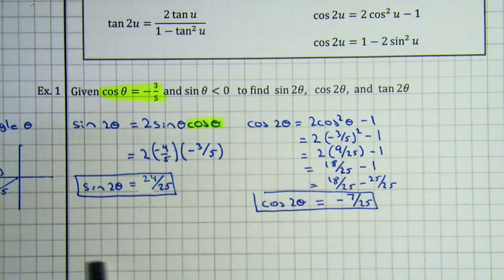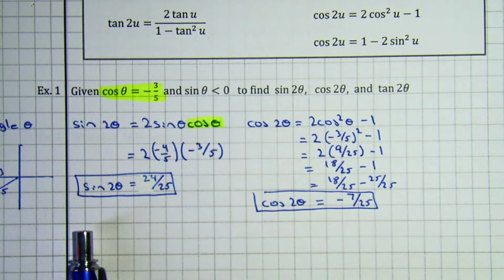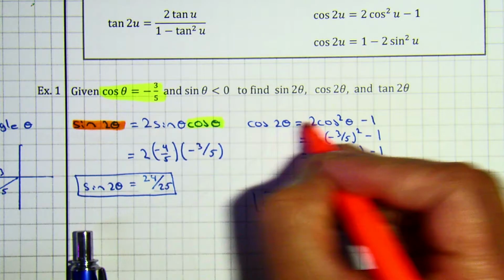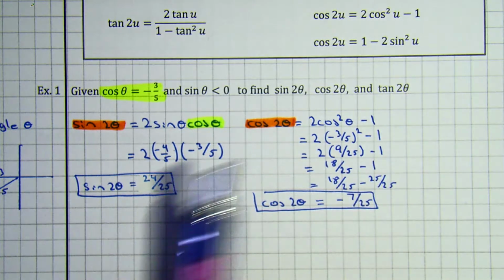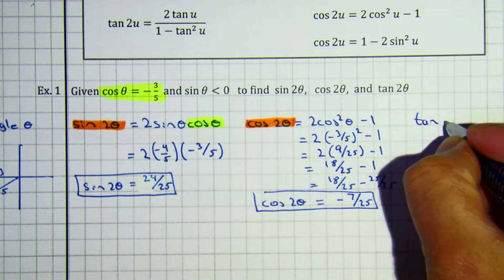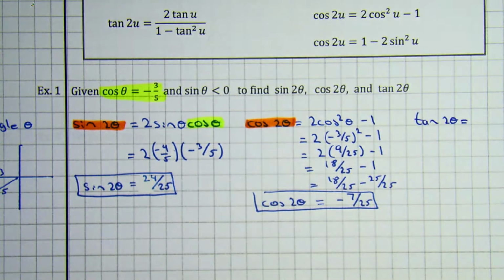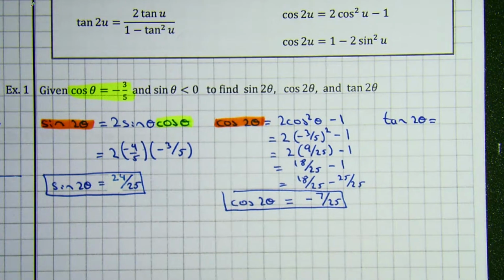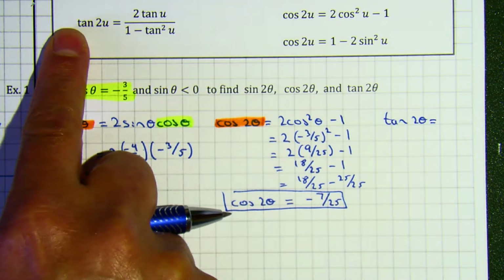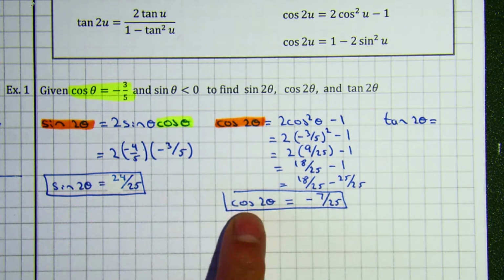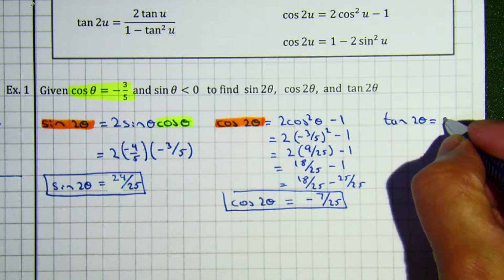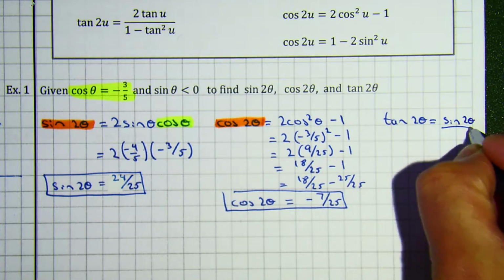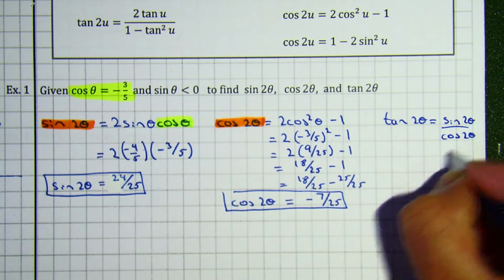And the last thing that I need, let's see, we found sine of 2 theta, we have cosine of 2 theta, so now we just need to find tangent of 2 theta. Now to find tangent of 2 theta, we can go through the formula that's given to us, but because we have sine of 2 theta and cosine of 2 theta, I can rewrite tangent of 2 theta as sine of 2 theta over cosine of 2 theta.